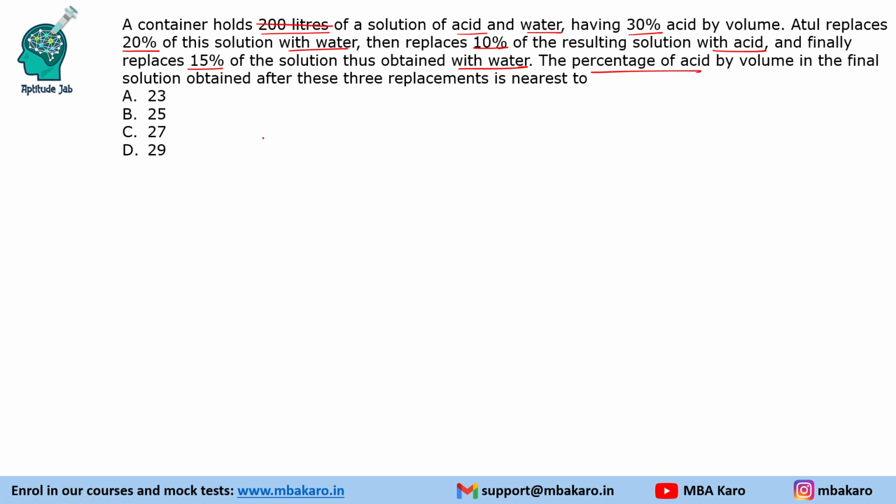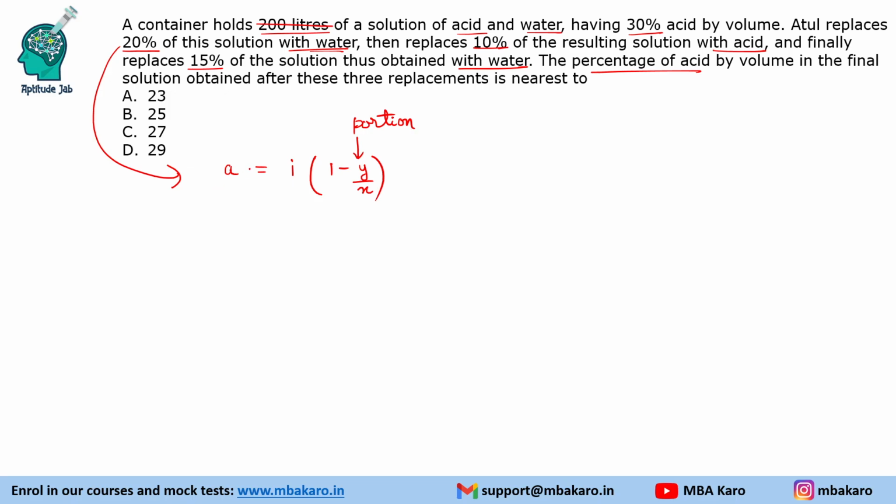Now understand one thing. Whenever we replace certain thing, it is saying that Atul replaces 20% of the solution with water. So we are replacing with water. So we can find the percentage of acid. Final percentage of acid is equal to initial percentage into 1 minus y by x, or basically the portion that is being replaced.